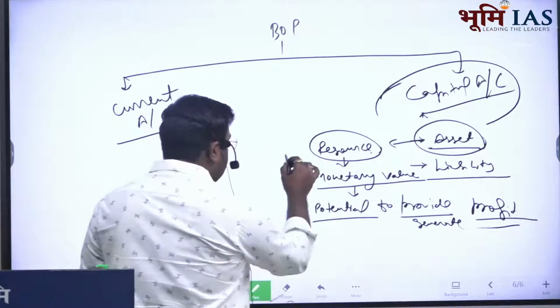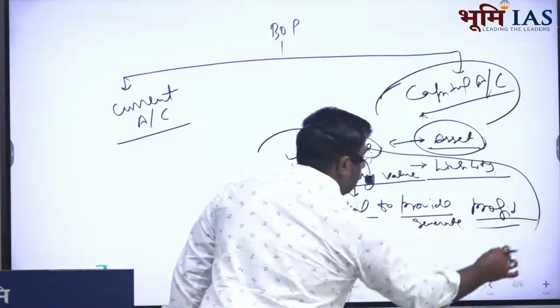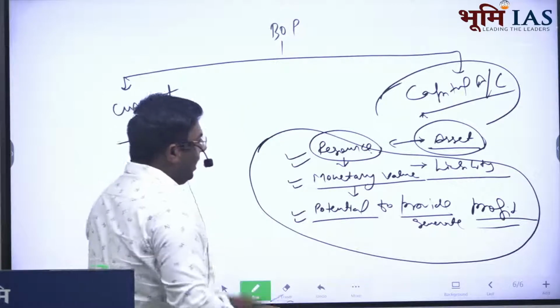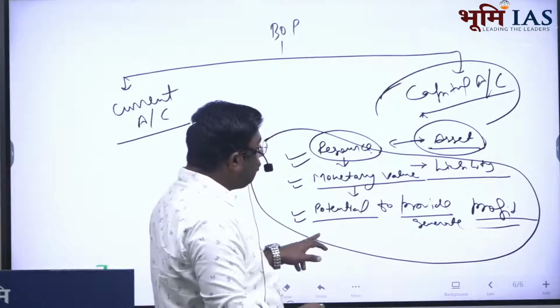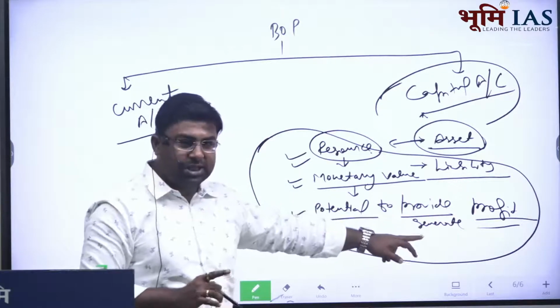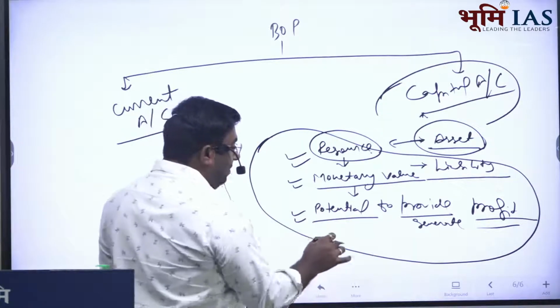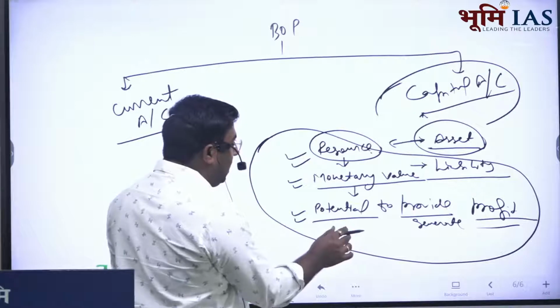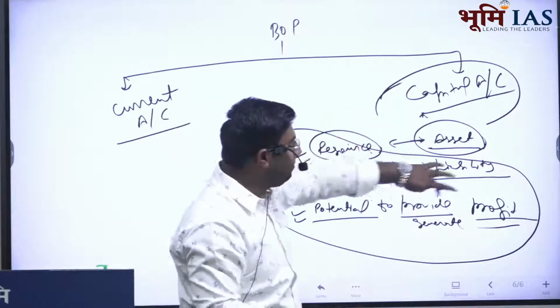So these are three different criteria of asset. Any resource which has its monetary value and has potential to generate profit if it is used commercially. Please be cautious here that I am not making a statement that the resource must generate profit.